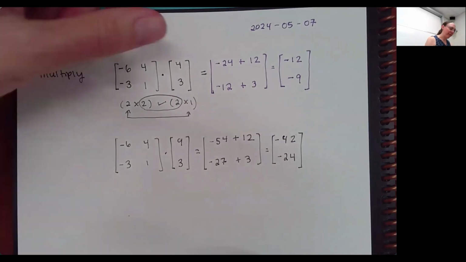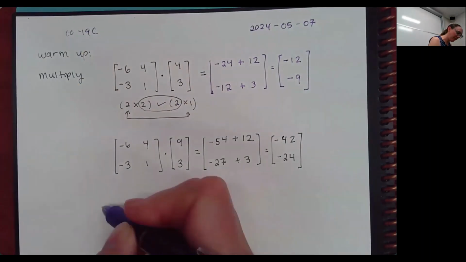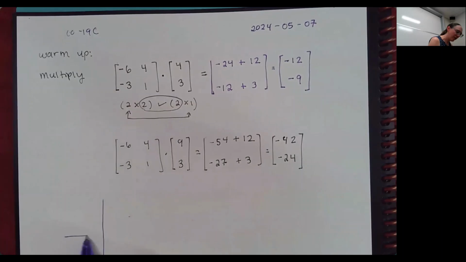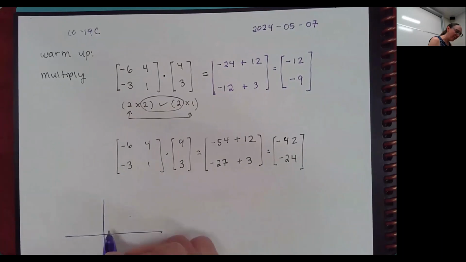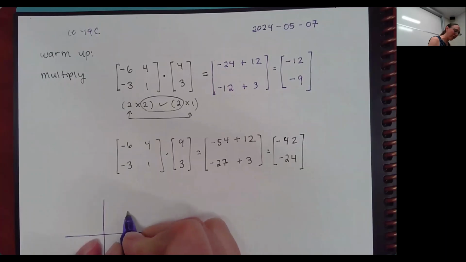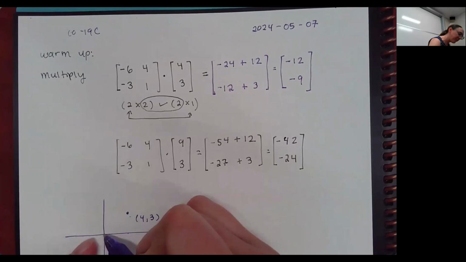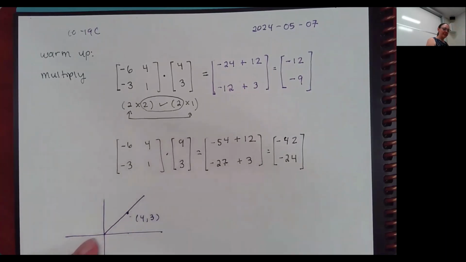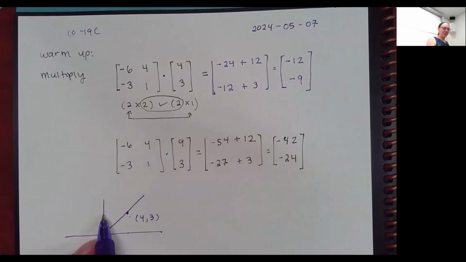If I think about that vector 4, 3 graphically, I can think about starting at the origin, going 4 to the right and up 3. So it's going through this coordinate 4, 3, which means that it lives on a line with a slope of rise over run, so a slope of 3/4.